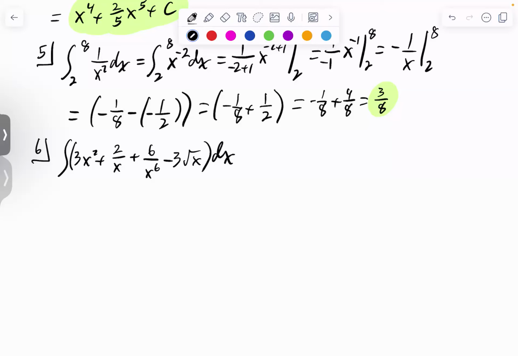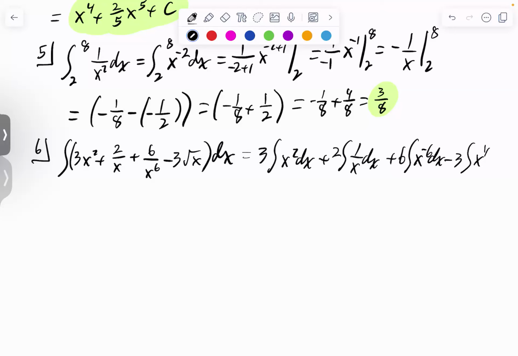And I'm going to pull their constants out in front as well. So the divided by x to the sixth I brought up to be x to the negative sixth, and the root x I made the 1/2, and I pulled the 3, the 2, the 6, and the negative 3 out in front of the integral. So now I have 4 smaller, easier, hopefully, integrals.